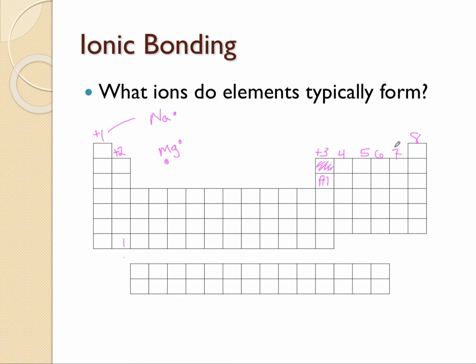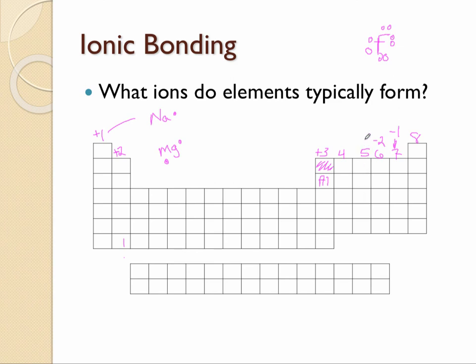I'm going to jump over here to fluorine. Fluorine has 7 valence electrons. It could either gain 1 to complete the octet or lose 7. Hopefully you're going to agree that it's easier to gain 1. Elements in group 7 tend to form -1 ions. Similarly, group 6 with its 6 valence electrons forms -2 ions.